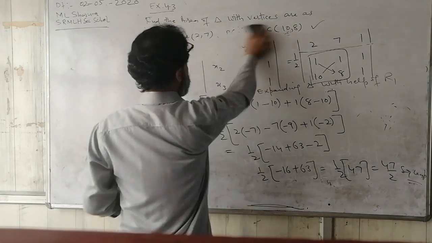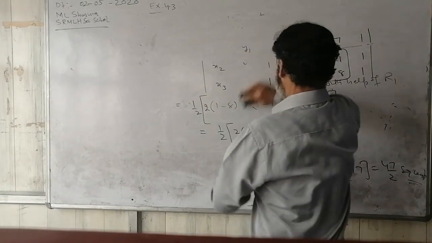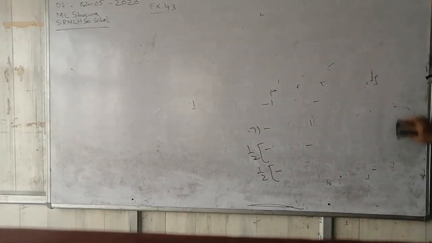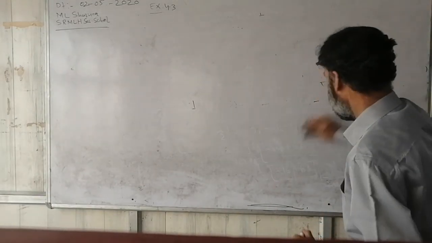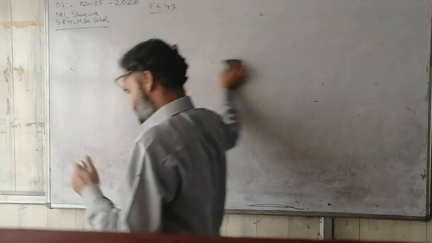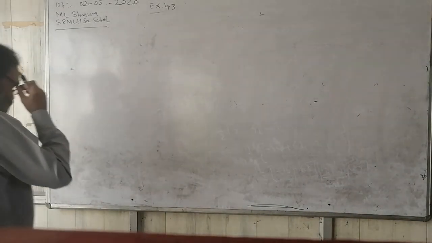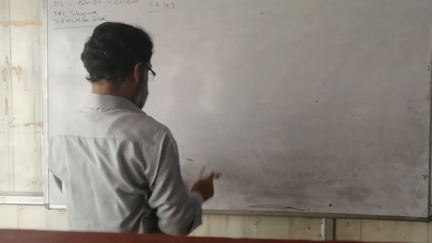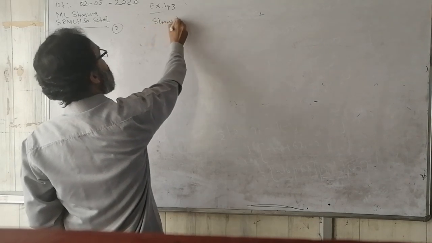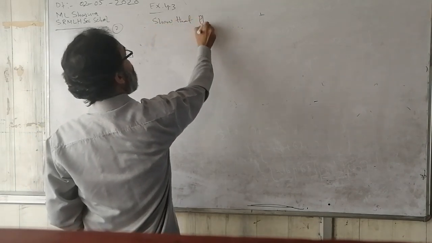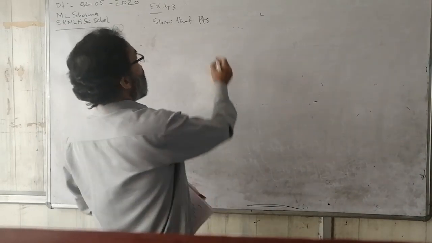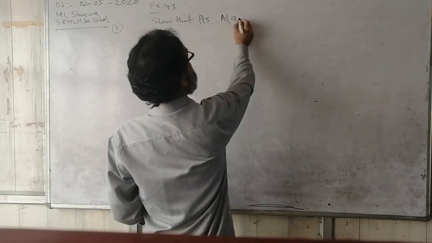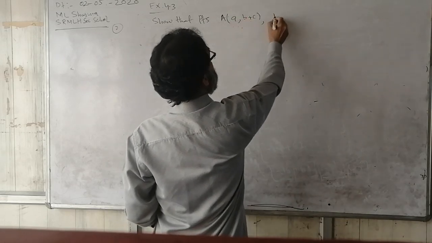Next question from this exercise, we have to prove, in this question coordinates are given. This is an important question, number 2. Show that the points are given as (a, b plus c), the first point.